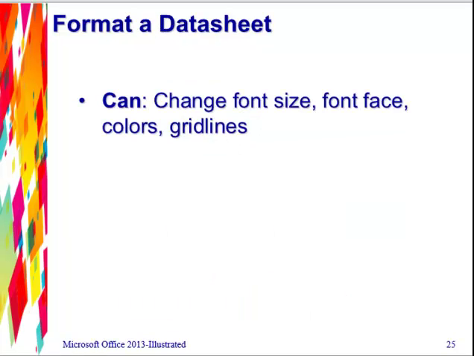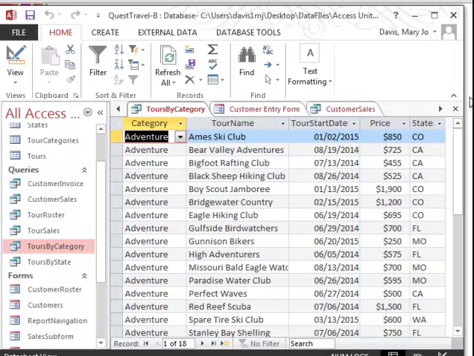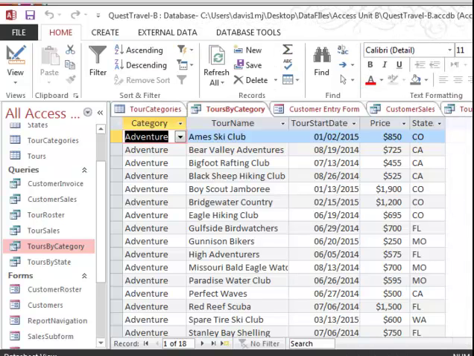Okay, when you want to format a data sheet, you can change the font size, color, grid lines. You can make things look nice and aesthetically pleasing to the eye. When you go to format the data sheet, you've got the formatting over here on the right hand side, just like you do on any other worksheet. I'm going to spread this over a little bit so you guys can see it.